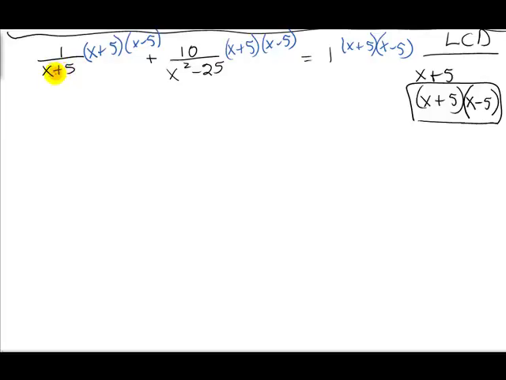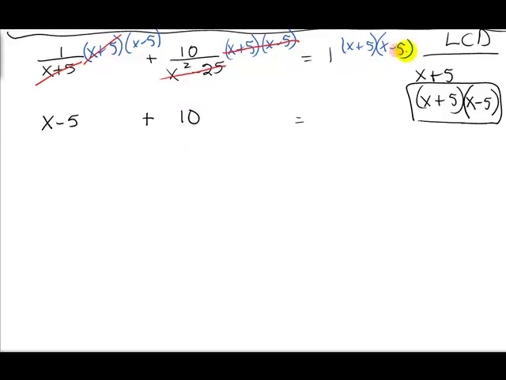Here I have an x plus 5 at the bottom and 1 at the top, and so they disappear. 1 times x minus 5 gives me x minus 5. Here with x squared minus 25, we factored it out, so all of it is going to disappear, and we're left with the 10.